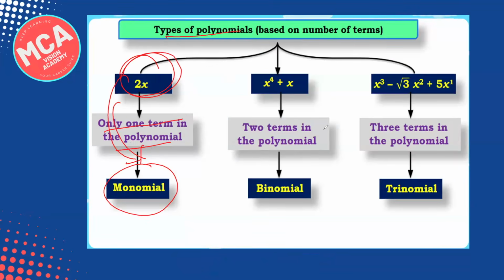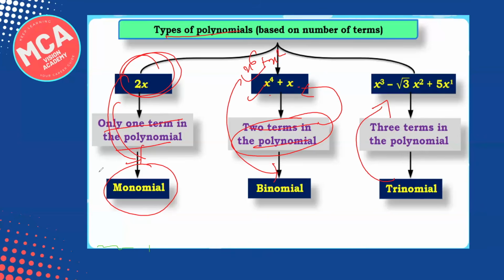And two terms in the polynomial, like x raised to 4 plus 5, or x raised to 6 plus x square, is a binomial. Two terms in the polynomial, we call binomials. And whenever three terms are there, that we call trinomials.